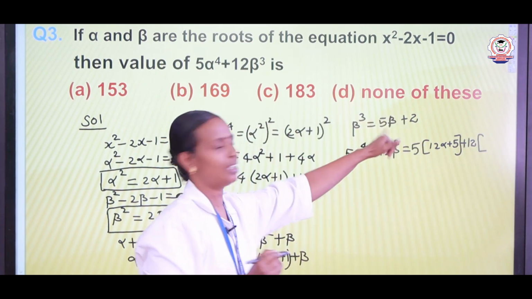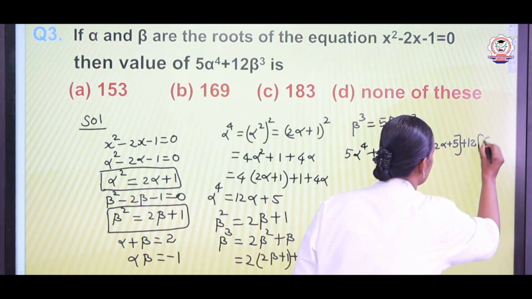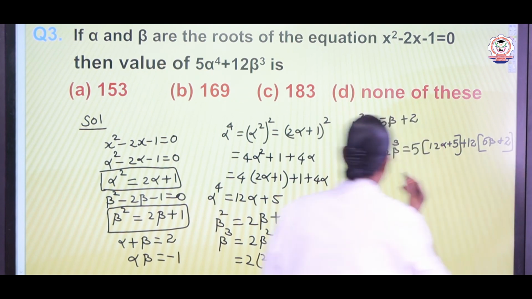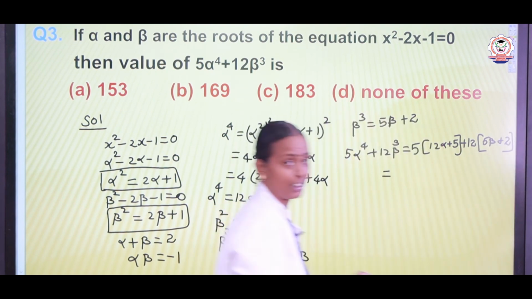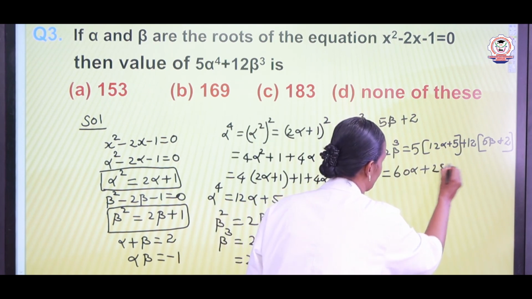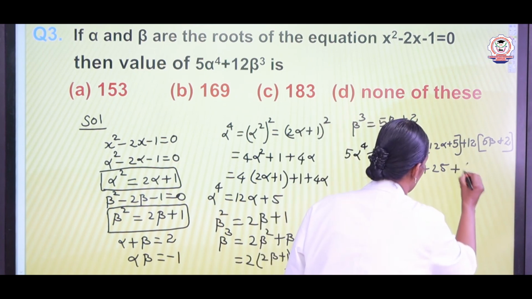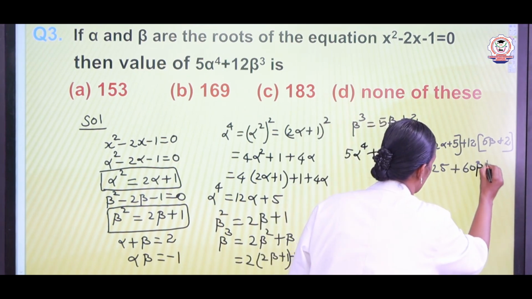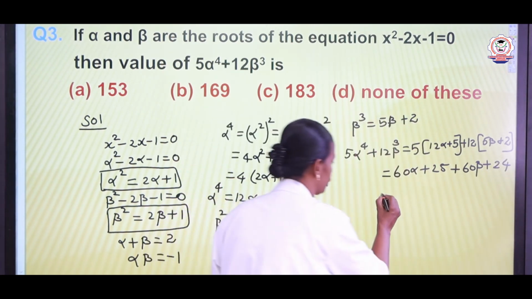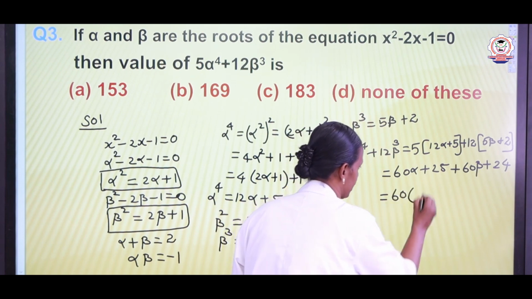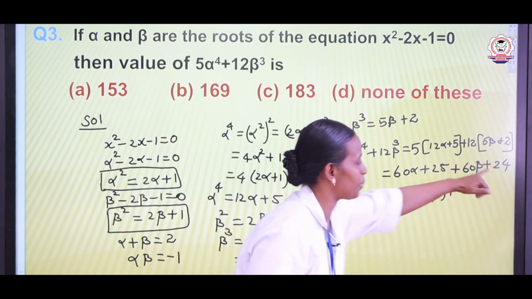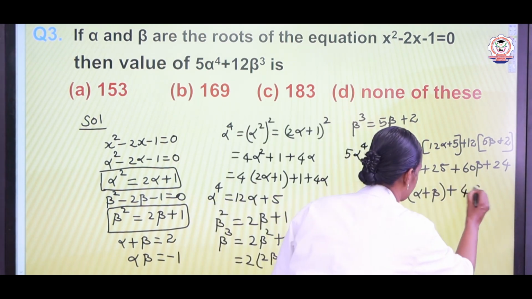Beta cube value is 5 beta plus 2, which is nothing but 5 into 12, 60 alpha plus 5 into 5, 25 plus 12 into 5, 60 beta plus 12 into 2, 24. So, 60 is common for both alpha and beta. So, 60 into alpha plus beta, the remaining term is 25 plus 24, that is 49.